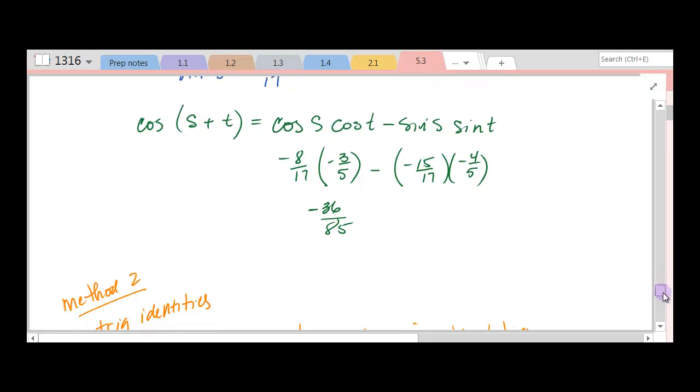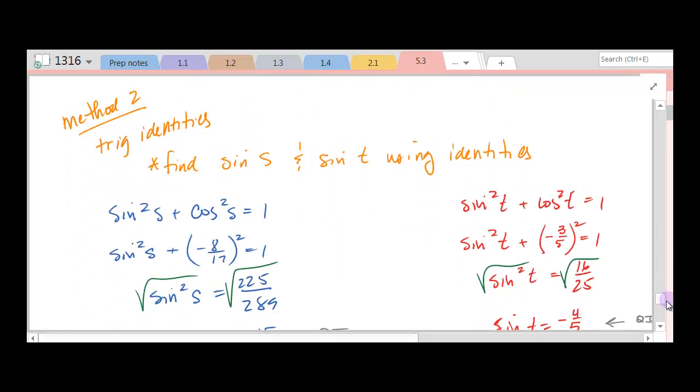The second method to do this would be, instead of using my definition of trig functions, which is the x, y, and r, what if I used trig identities to solve for my missing components of sine s and sine t? So using the Pythagorean identity for both angles, and remember, I'm given the cosine of s, so I would replace the cosine of s here and simplify.